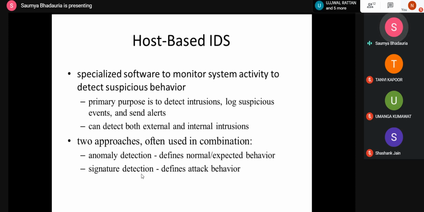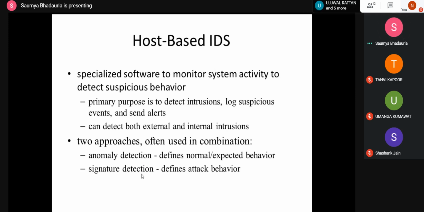Now again, at some other instance of time, if any other user logs on to the system and performs an activity, it would compare the user's activity with the previously stored behavior. If there is any deviation between both of these, it would trigger the event and classify that particular event as a security event, which may be classified as an intrusion.